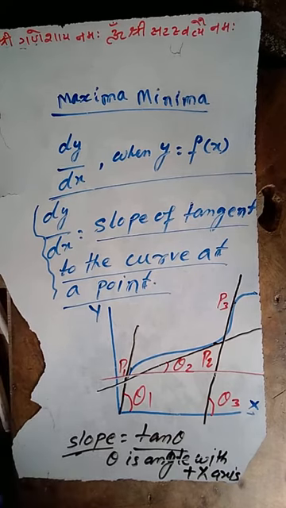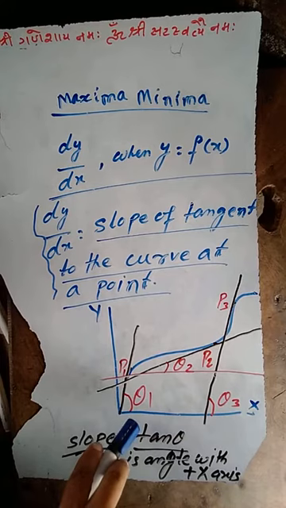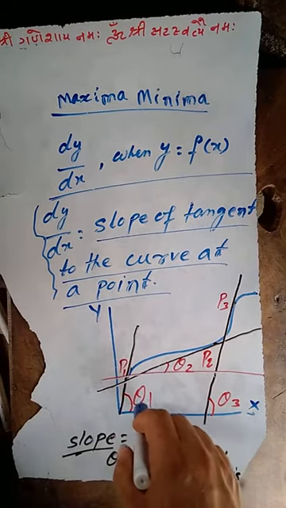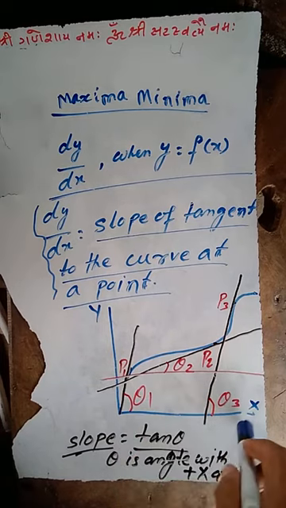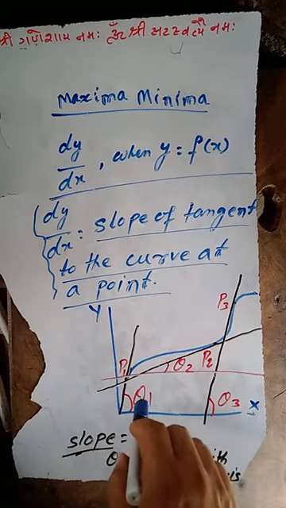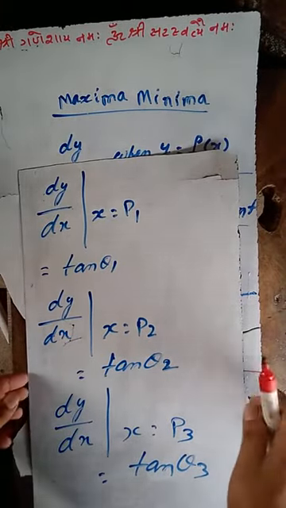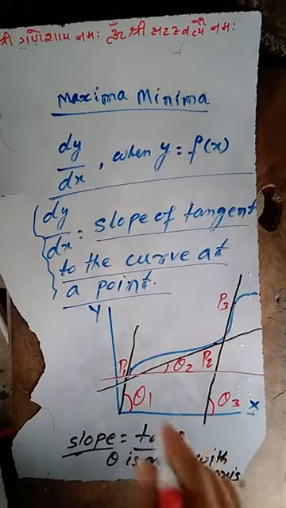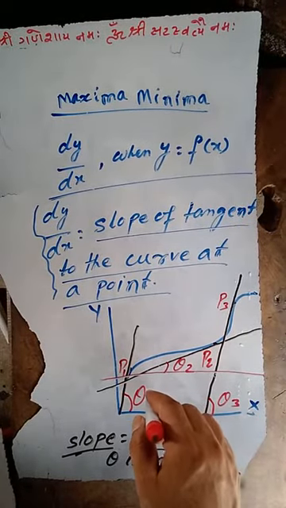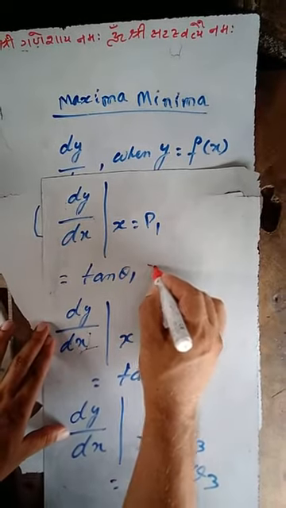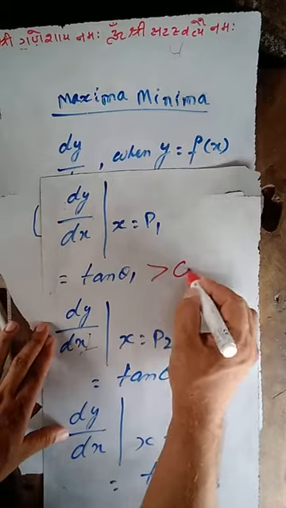Now the question is, is tan theta 1 positive or negative? This angle is less than 90 degrees and greater than 0. So theta 1 is in the first quadrant, and in the first quadrant tan theta is positive, so tan theta is greater than 0.